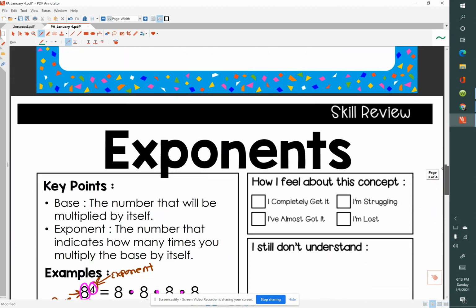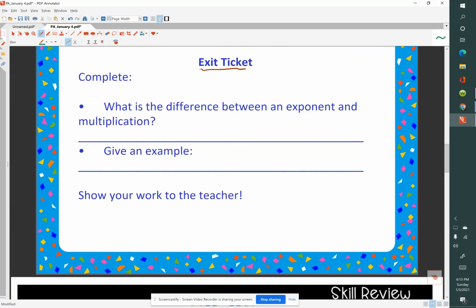Let's go back up to our exit ticket. And what is the difference between an exponent and multiplication? So multiplication is repeated addition. And exponents are repeated multiplication.